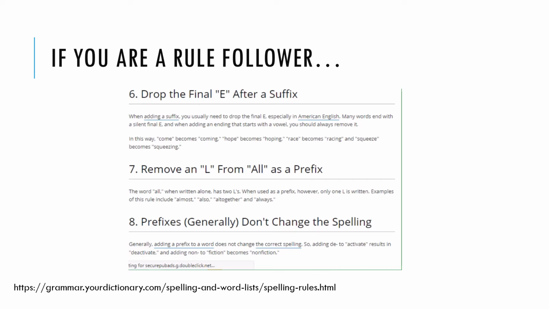Drop the final E after a suffix, and the suffix is the ending, like something you add at the end. We've learned this when we talked about present, future, past tense, and when we add the ing, we usually drop the E before we add ing to our base word.